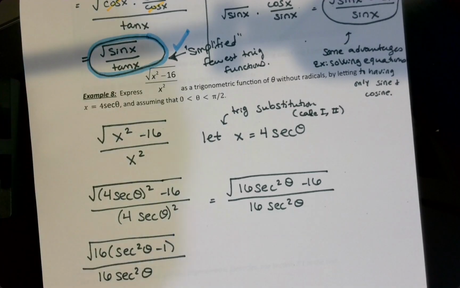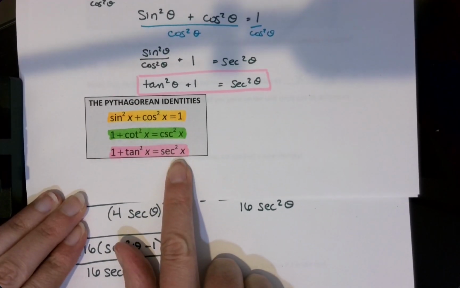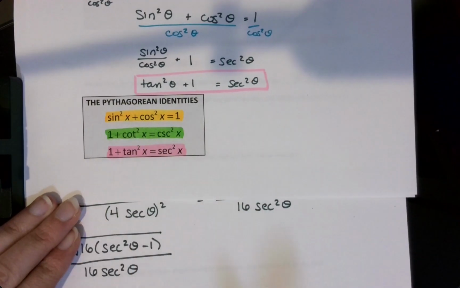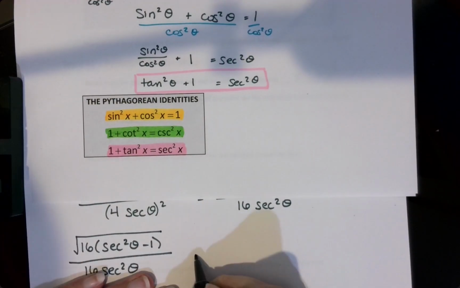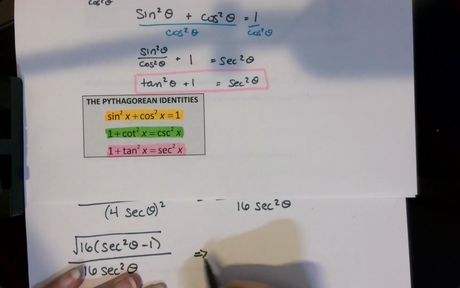So this is going to be equal to, by a Pythagorean identity, the square root of 16 times 1 plus tangent squared theta, and then minus 1, over the 16 secant squared theta. So we did that replacement for the secant squared theta with the 1 plus tan squared theta. From there, we can see that the 1's are going to subtract off.